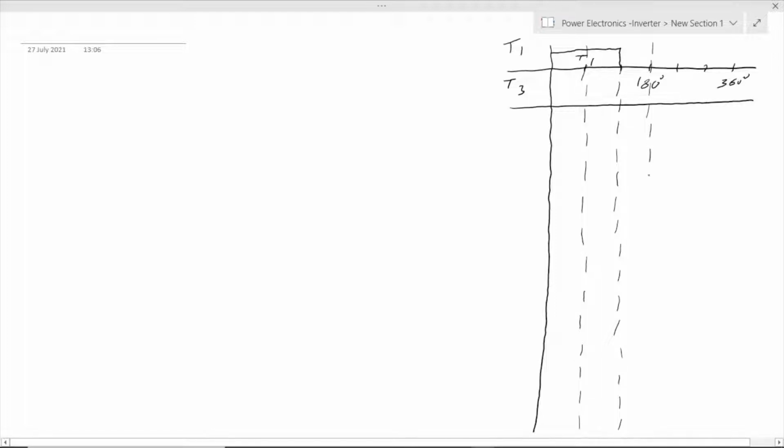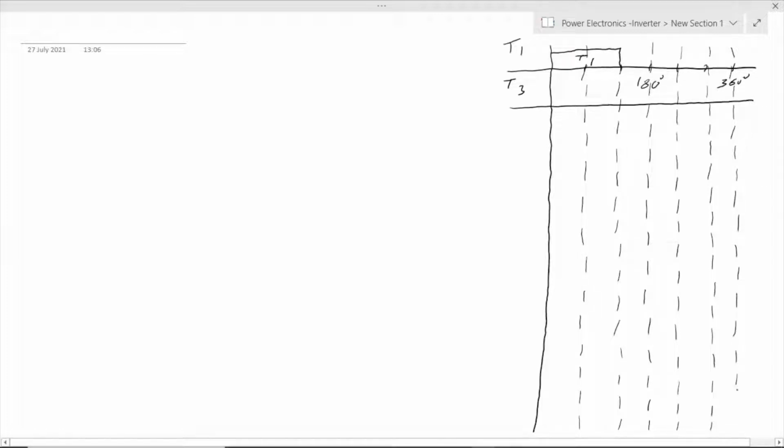We have done this before as well. T3 will start from 120 and end at 240.